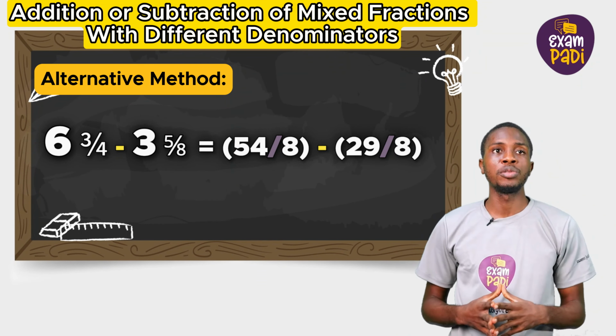The fraction spent on candies is 2 over 3. Fraction spent altogether equals fraction spent on clothes plus fraction spent on candies. Therefore, we have 1 over 3 plus 2 over 3.